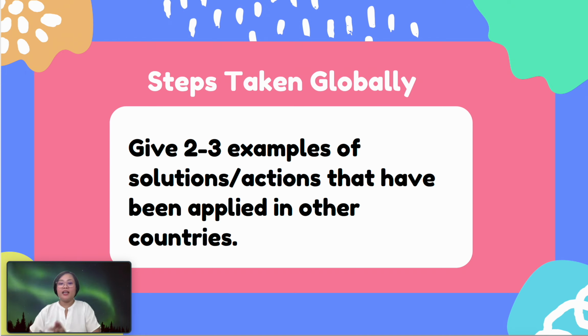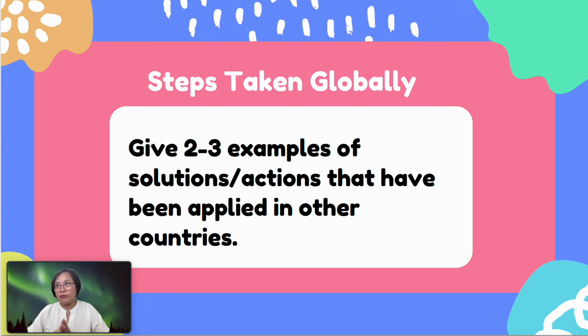Okay, and then in the same manner, we have the steps taken globally. So it's basically the same in essence with the steps taken locally, but the difference is that for the global steps, it has to be from other countries. So maybe two or three different countries. So I would suggest choose from different continents. So maybe one from Africa, another from Europe, or maybe from Asia, and another one from the USA, or something like that.